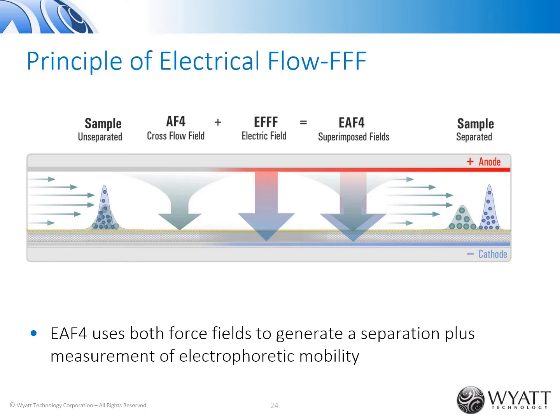After focusing the sample with crossflow alone, we add a voltage in the elution step, where the separation occurs. The 2 fields superimpose, and the retention time of a sample which has an electrical charge will change. From the shift in retention time, it is straightforward to calculate the electrophoretic mobility.